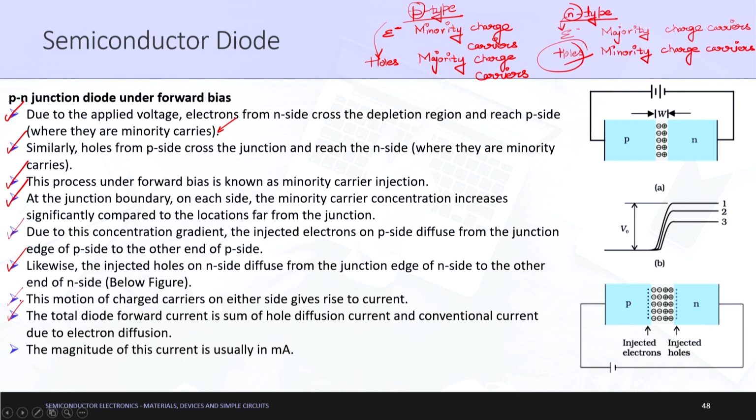Okay. The total diode forward current is the sum of hole diffusion current and conventional current due to electron diffusion. So, what will be the total diode current? It will be the sum of the hole diffusion current and the conventional current due to electron diffusion. The magnitude of this current is usually measured in milliamperes.